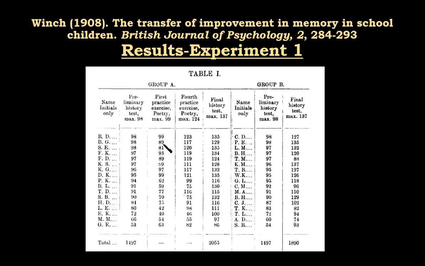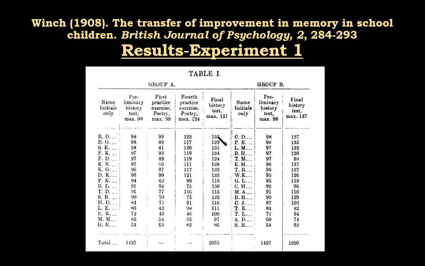Winch wants to show that there was some improvement here, but the real test is whether Group A, which was practicing memorizing poetry, performs better than this group, which didn't practice memorizing poetry. It did some arithmetic.